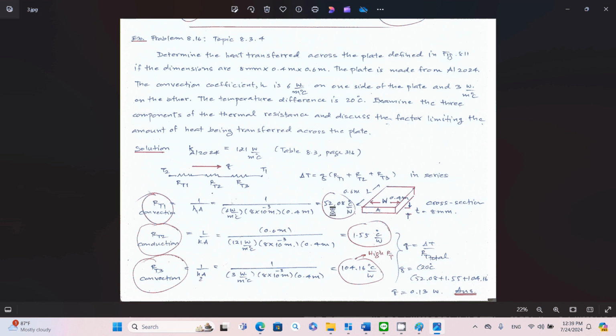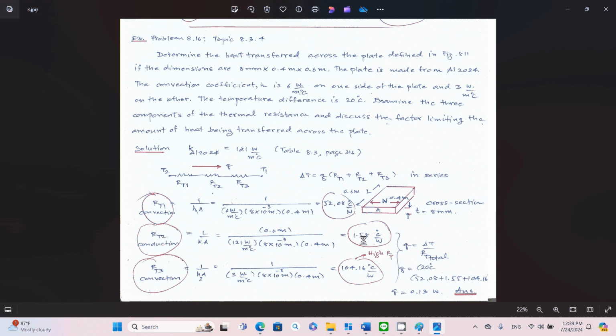It's not just plugging in and working out the numbers, but you have to take note of the number of each RT. You can see that this one is very small because it's talking about aluminum. They have a good thermal conductivity.